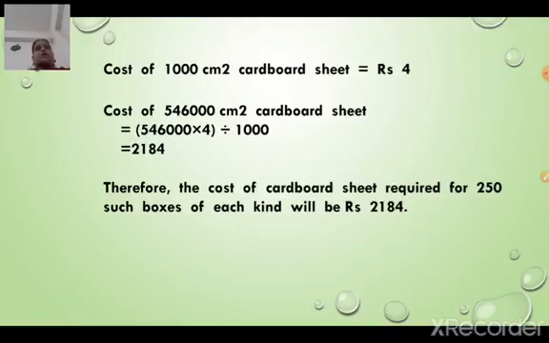If you calculate that, you will get the answer as 2184. So your final answer will be, therefore, the cost of cardboard sheet required for 250 such boxes of each kind will be rupees 2184.